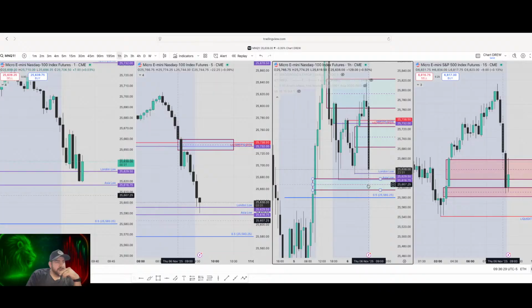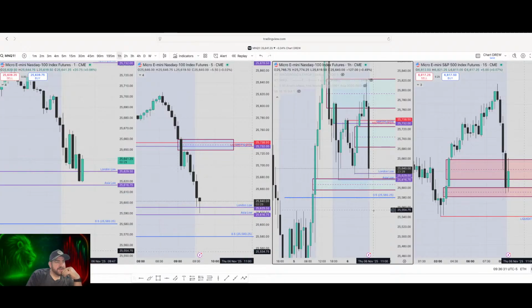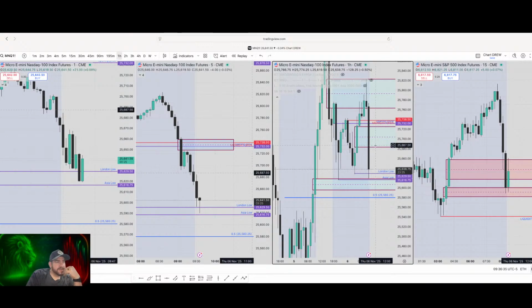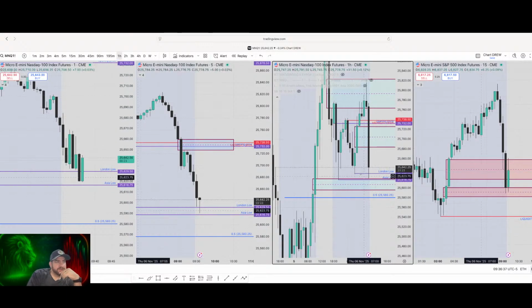So if we take that out, see what we want to do when we get there. Might want to just keep going lower, or we may want to reverse and come back up and consolidate in this little range that it's been doing.